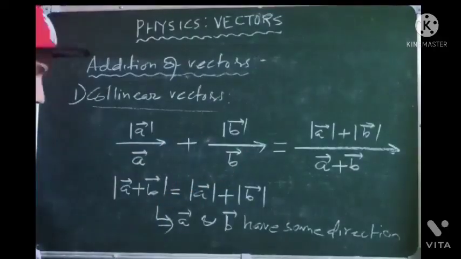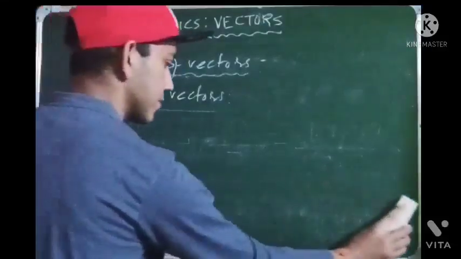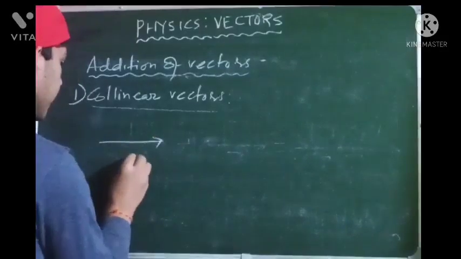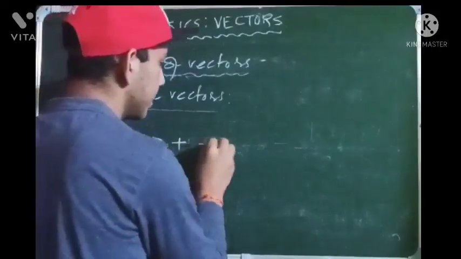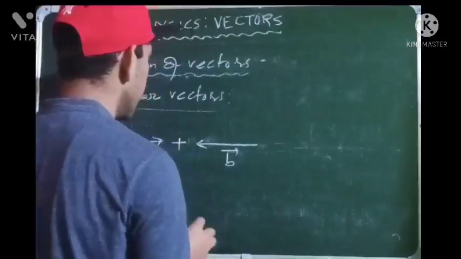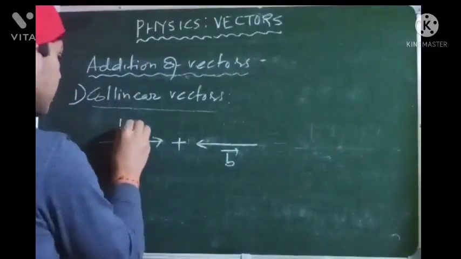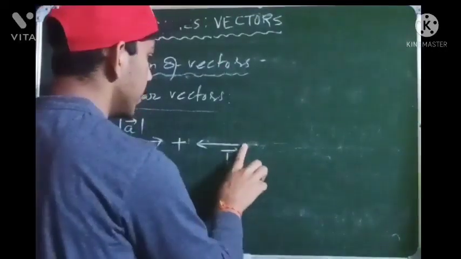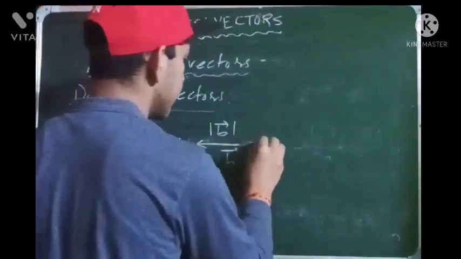Next we are going to see if the directions are opposite, then what happens. Suppose we have this as A vector and we have to add this with this B vector, which is in opposite direction to the direction of this A vector. Suppose this is a little bit smaller one, and its magnitude is mod of B vector.